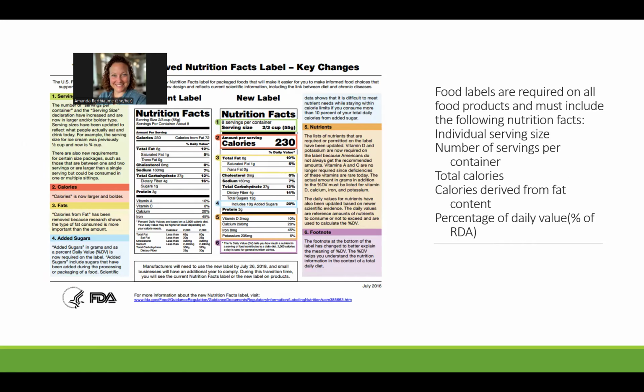I talked about food labels a little bit earlier, but these have changed a lot in the last about 5 to 10 years. There's now a requirement to have individual serving sizes listed on there, the total calories, how it's going to affect our RDA. It needs to be easy to read. Again, for a long time, these were really convoluted.